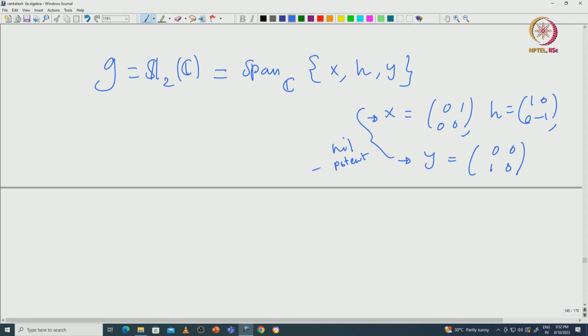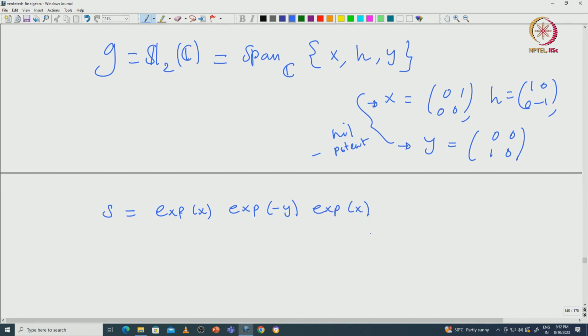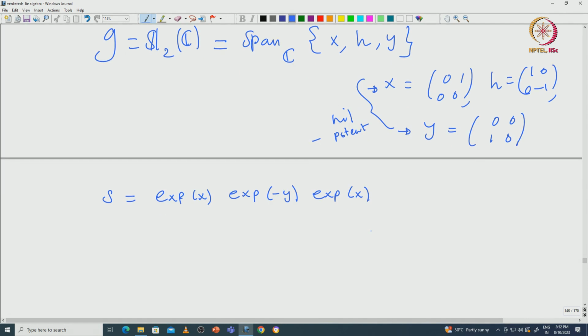So, now that means we will be able to actually create some automorphisms as we discussed. Okay. For example, we can take this S to be exponential of x, then exponential of minus y, and then exponential of x. Okay. So, this will be an automorphism of C2. Okay.